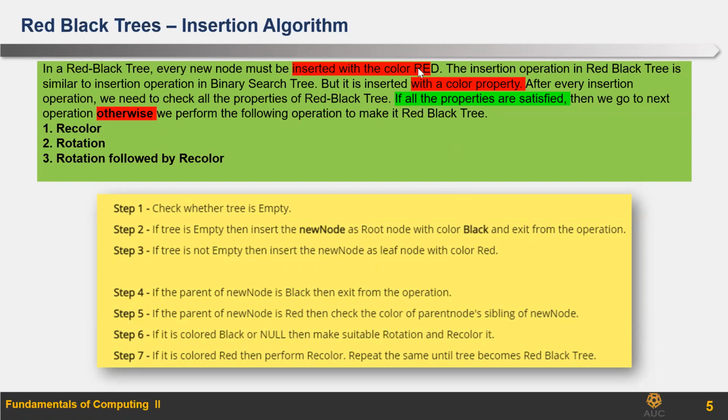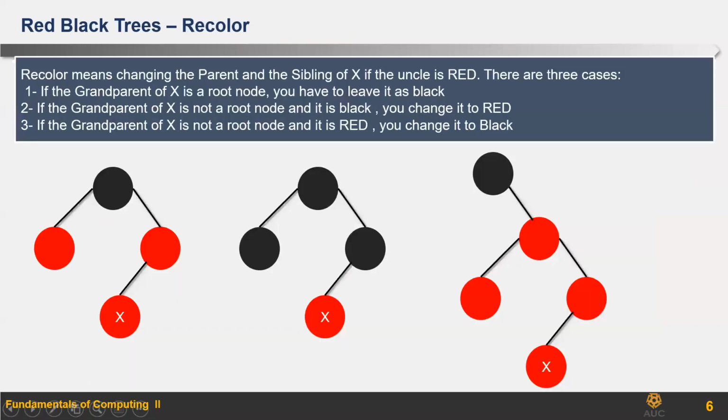If the uncle is black, then you rotate and recolor. You keep rotating and recoloring till you have a normal red black tree.